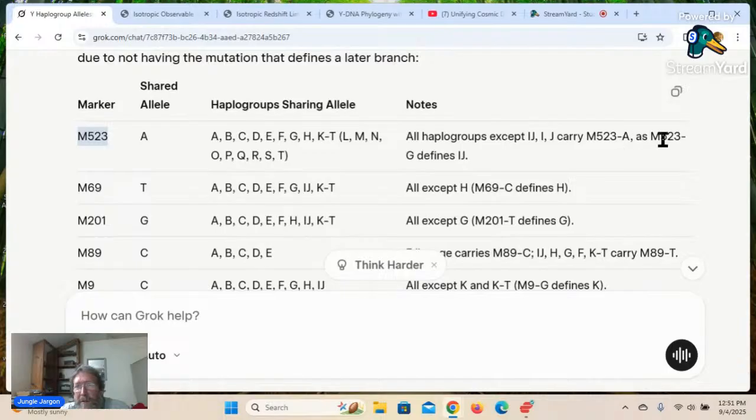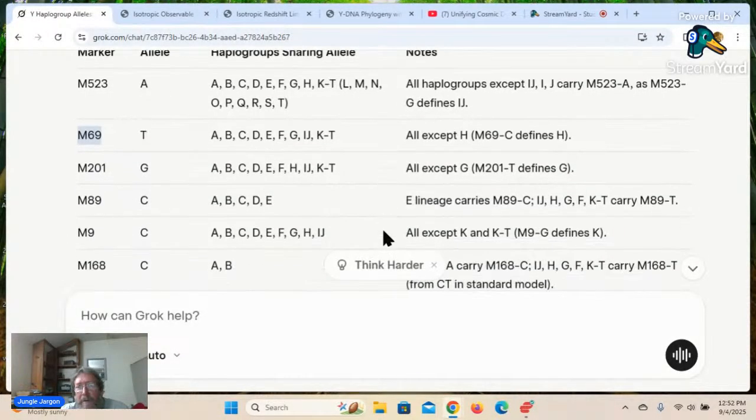So it's unique to IJ. All right, so this is unique to IJ. The M69 T, all except H, so it defines H. This one defines G.